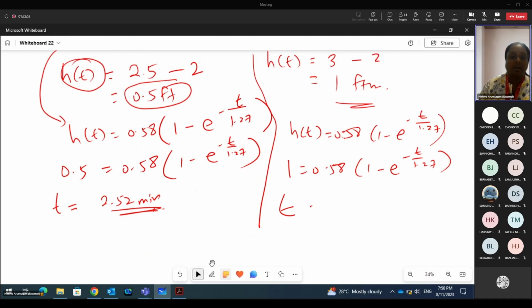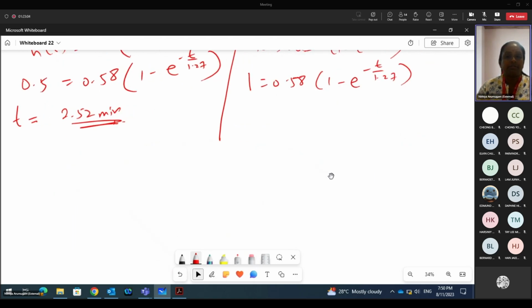If you solve this step by step, this one can easily be calculated by just keying in the values in the calculator. But when you key in the values in the calculator, you'll be getting an error. Why? It means you need to double check the reason, right? So this is actually t equals negative 1.27 times ln of 1 minus 1 over 0.58.